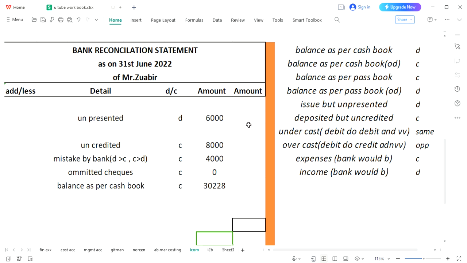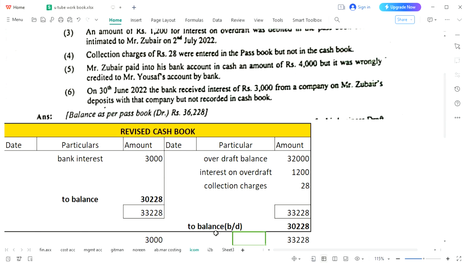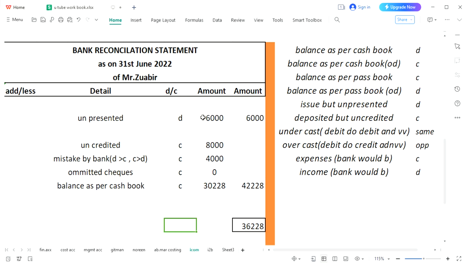Now we will repeat the same process of balancing for the BRS. Here we have only one amount as total, and now we will make the total of the debit side here, and finally you will subtract the smaller sum from the larger sum. The larger sum is 42,228 and the smaller sum is 6,000. So here you have got the answer 36,228. It's time to put the sign.